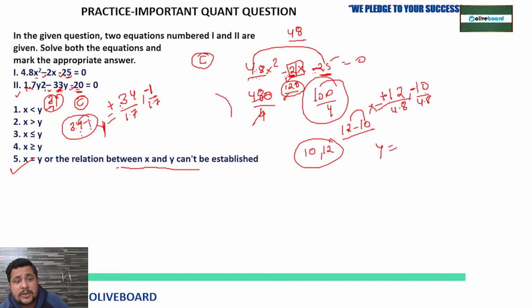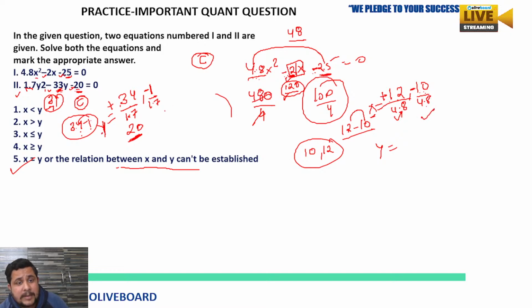Now see, one value of y is positive and one is negative, and similarly one value of x is positive and one negative. So one value of y may be greater than x. 34 upon 1.7 is equal to 20. So 20 is greater than 12 upon 4.8, and 20 is also greater than minus 10 upon 4.8.